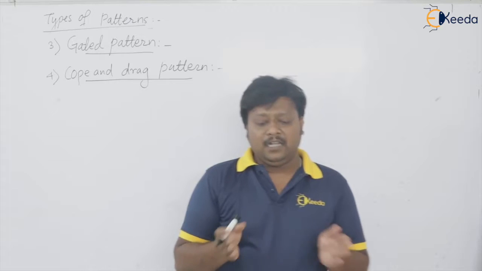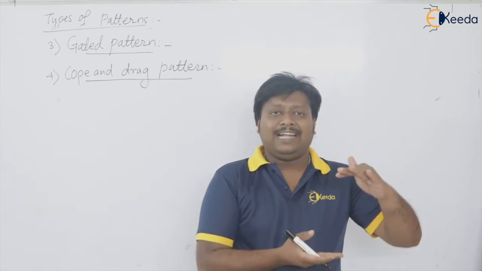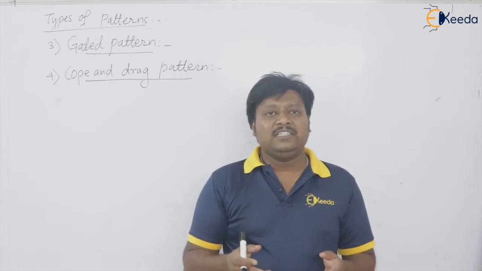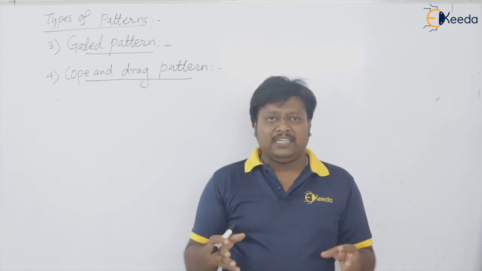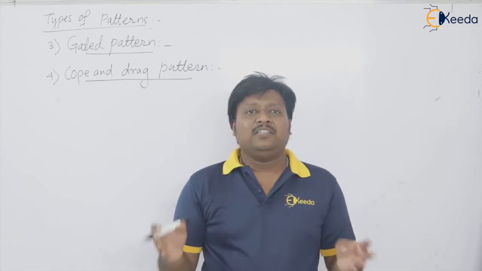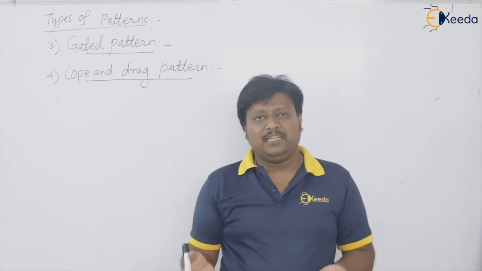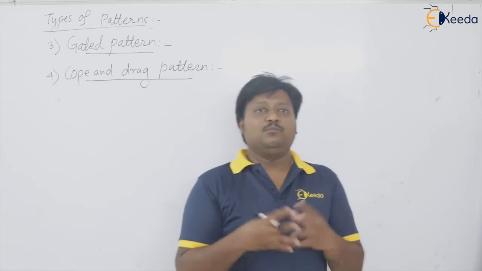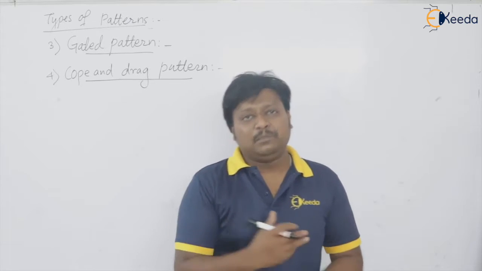The only thing is that the drag and cope halves of this pattern, along with the gating and risering system, are mounted or placed on separate plates, like wooden or metallic plates. They are mounted, and whenever we want to make the mold, they are brought together along with the alignment pin.